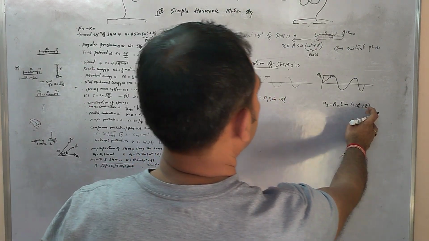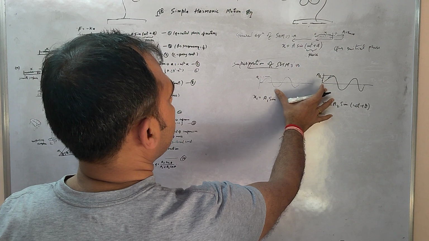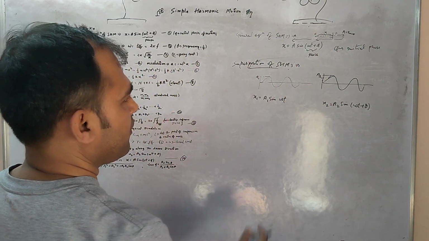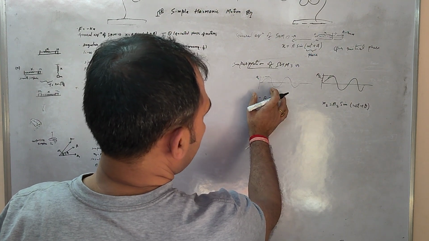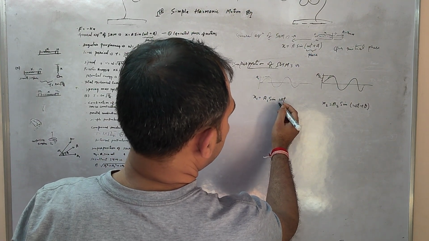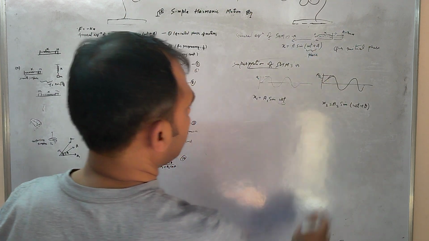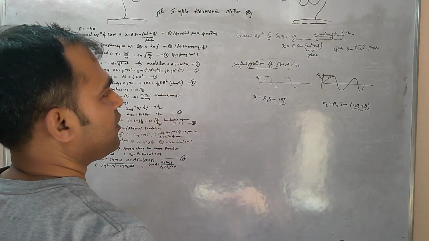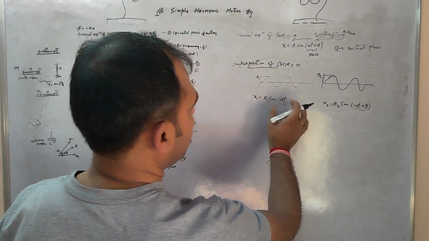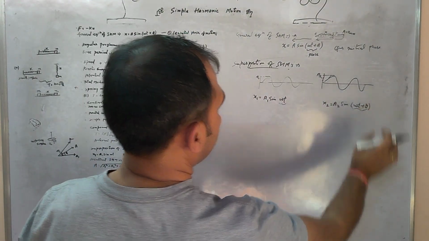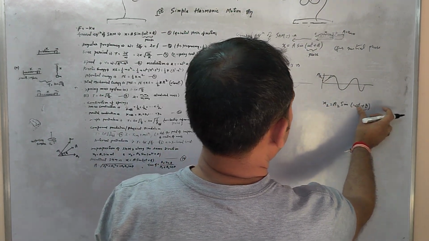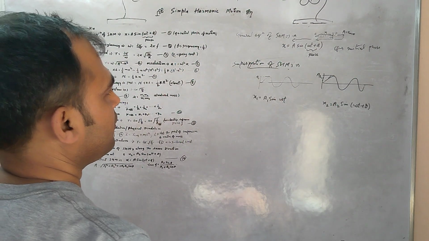Theta is the phase difference between these two simple harmonic motions. The phase of this simple harmonic motion is omega t, and for this the phase is omega t plus theta. So the phase difference between the two will be only theta. A1 and A2 are the amplitudes.